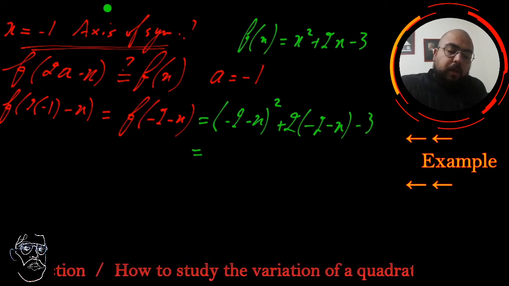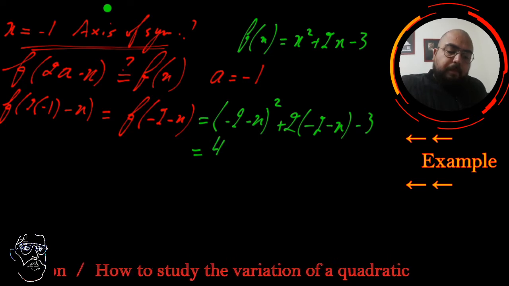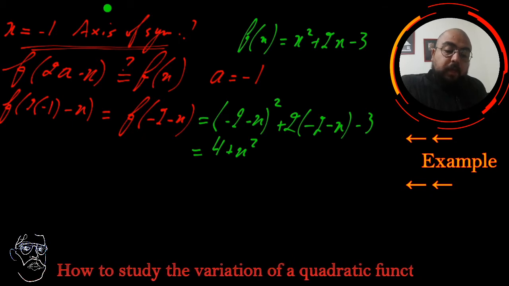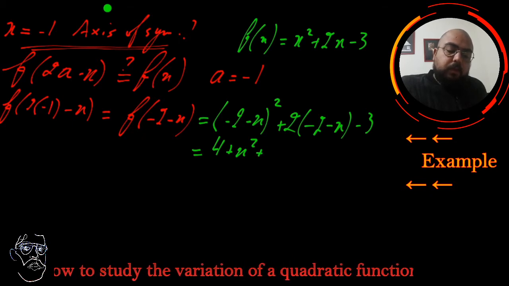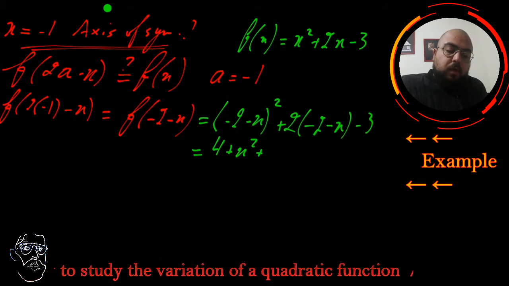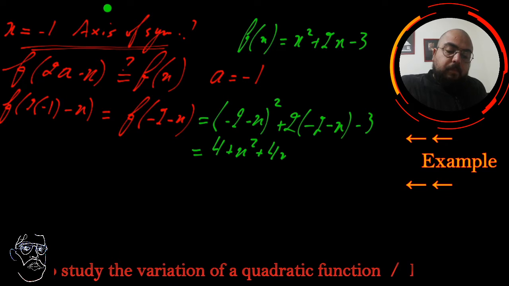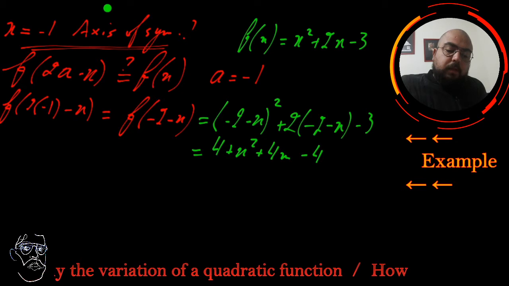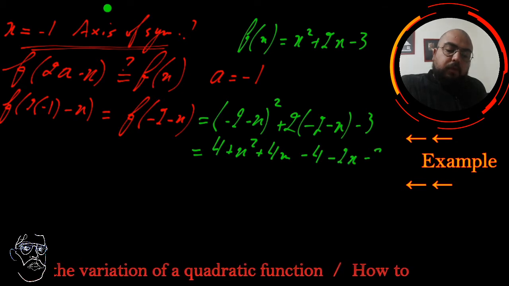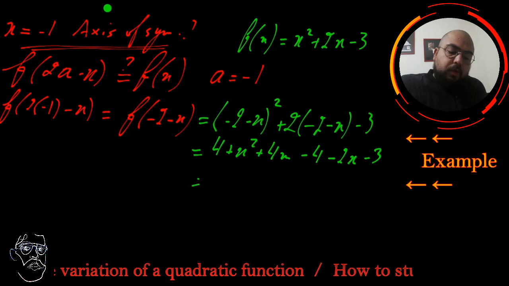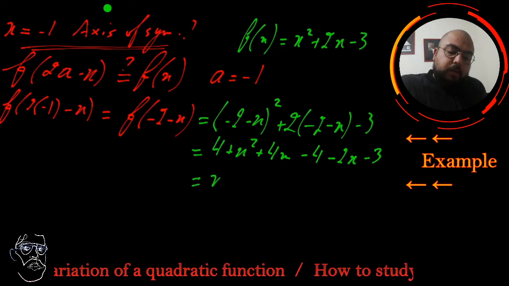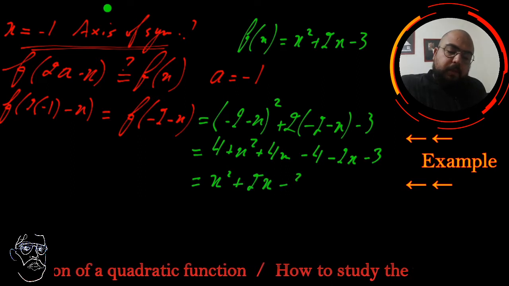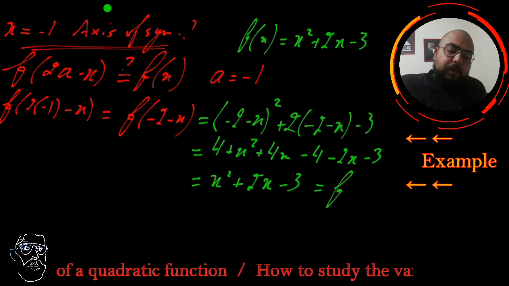Once I expand it, it will be 4 plus x squared plus 4x, since you can consider it's negative, so 2 times -2 minus 4, 2 times minus x, it's minus 2x minus 3. So your equation will be x squared plus 2x minus 3, which is exactly the initial function.